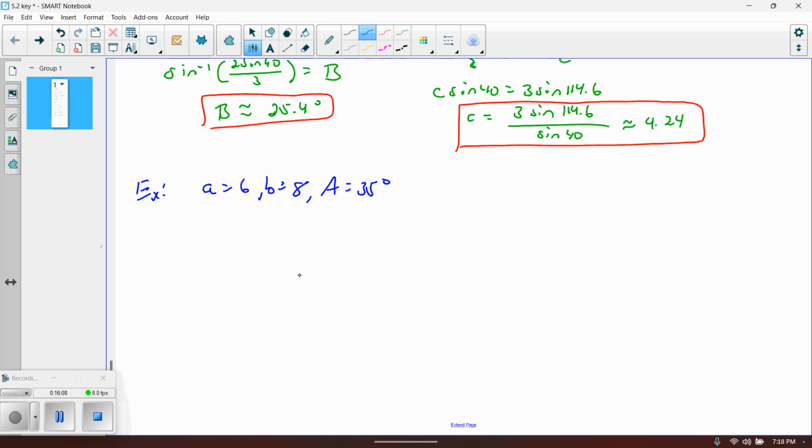So the criteria that we had to use, first of all, does it even form a triangle? Well, you could certainly do that by doing B sine of A. So we're going to make sure that A is going to be bigger than the height.